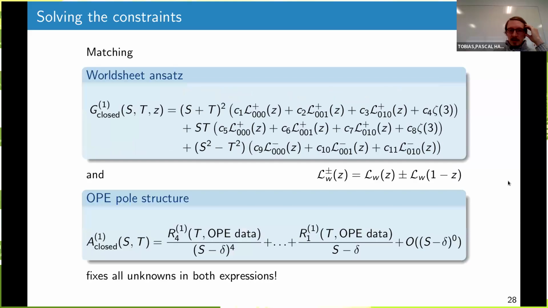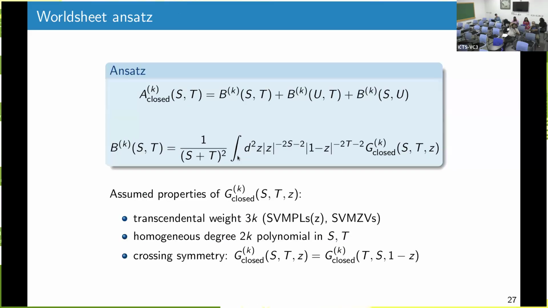So how does this look for the first curvature correction? Usually the split of the amplitude into 3 terms is done for the open string, right? Now you're doing it for the closed string as well. It also happens in the closed string.